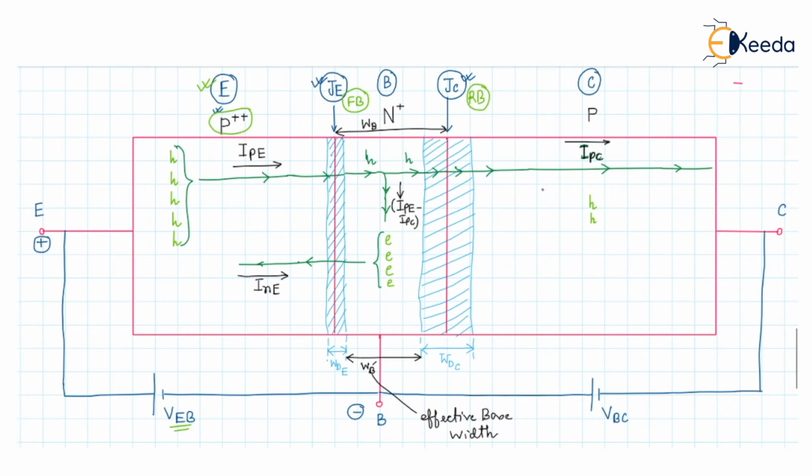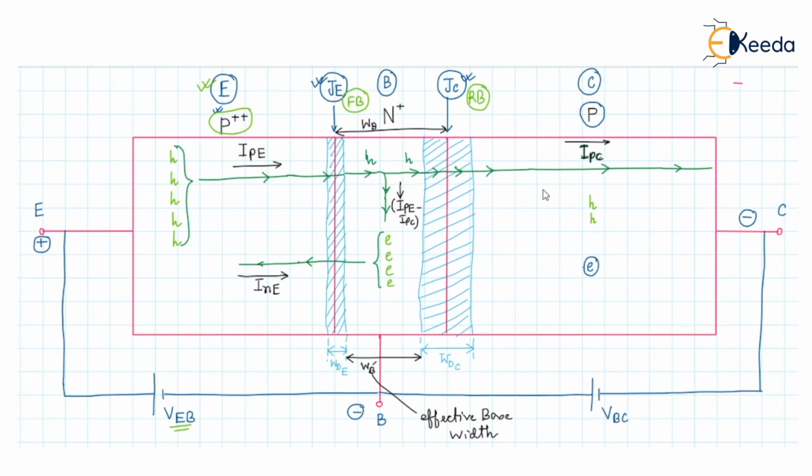Likewise, the collector region is p-type. Since it is p-type and lightly doped, there are some minority carriers. In the p-type, the electrons are the minority carriers, and at the collector terminal we have given a negative potential.